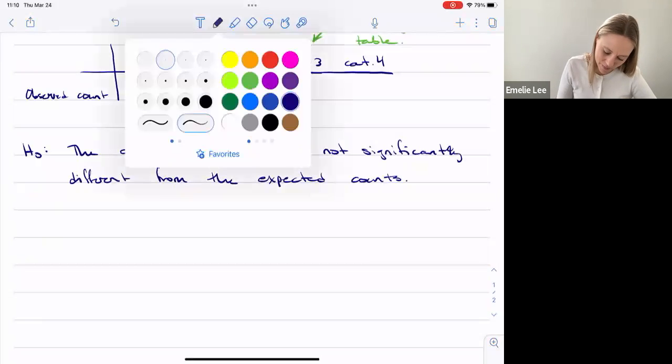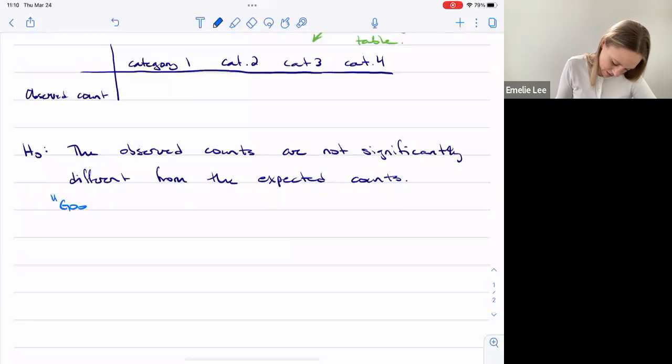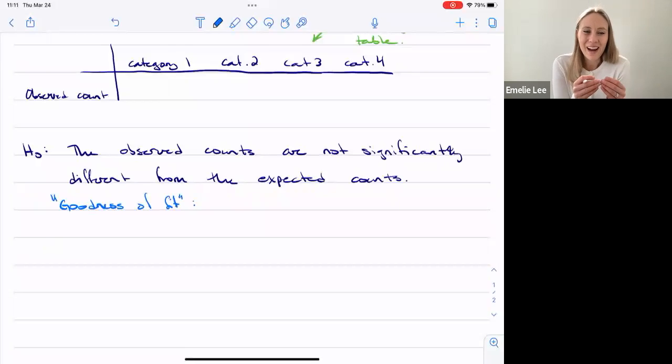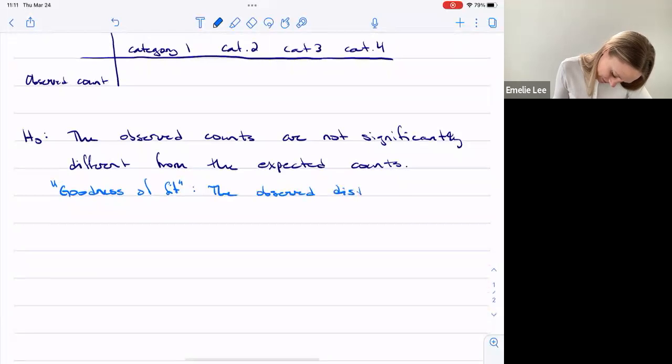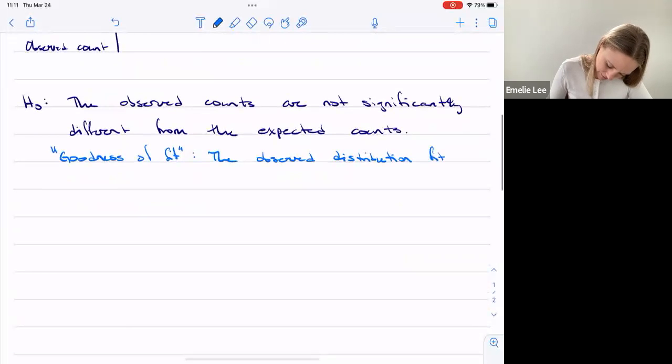Or some take on the goodness of fit is really the distribution of our observed distribution fits the expected distribution. Good. Right? The observed distribution fits the expected distribution.